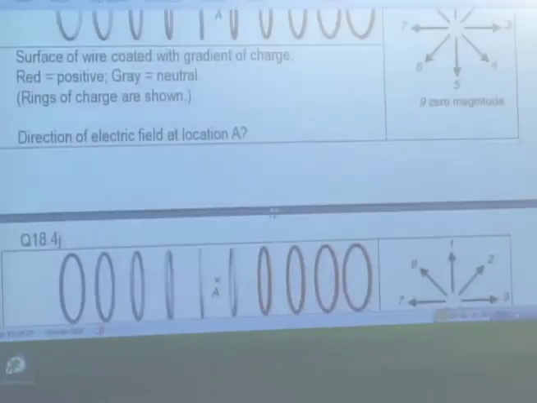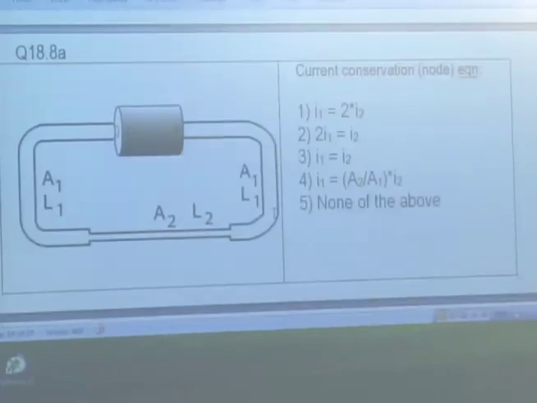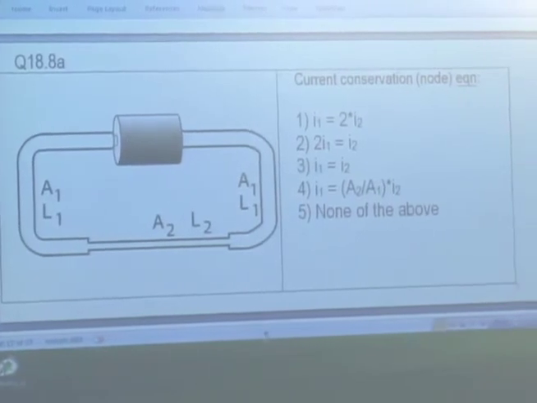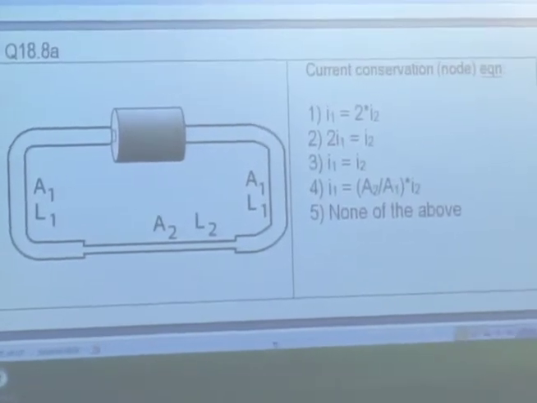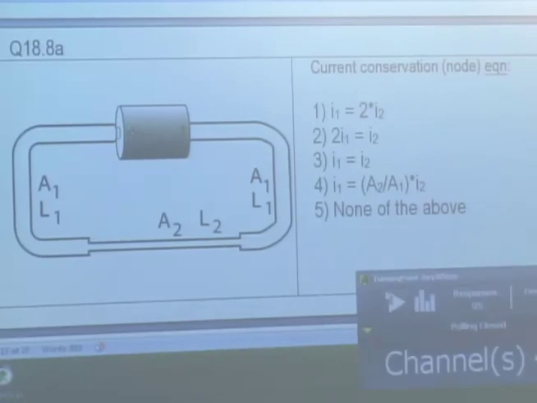Okay. Similar sort of situation here. I want to look at a specific circuit. Let's just do a quick review of what we did last time. Here's a circuit where we have a thick wire and another thick wire connected to each other by a thin wire, and it's all the same material. And just review of what we talked about last time.